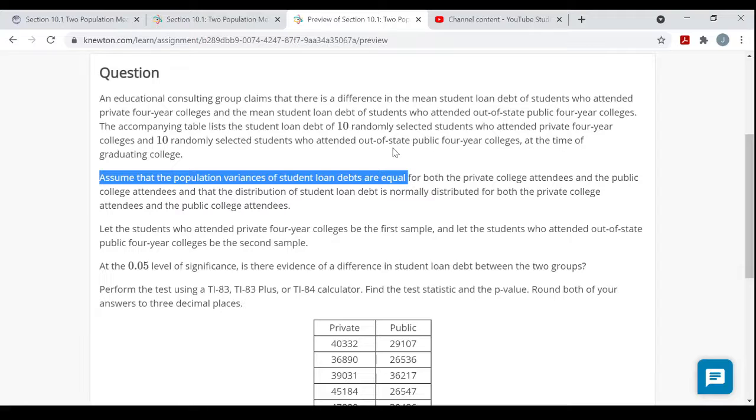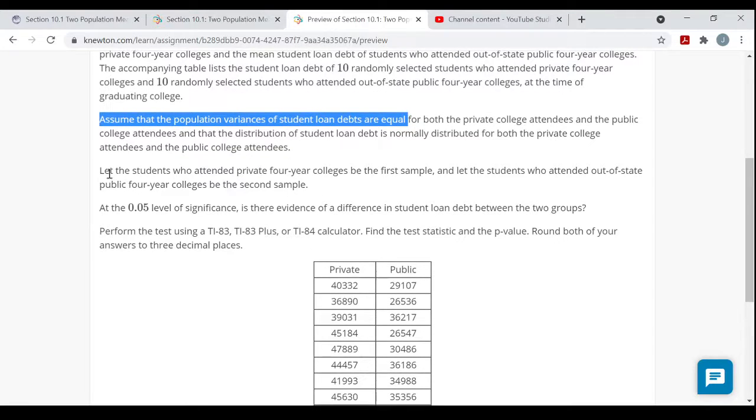That will come into play when we go to the calculator, because it's going to ask you, pooled or no? Is it a pooled scenario or not? If you're assuming the variances are equal, it is pooled, and that they're normally distributed.